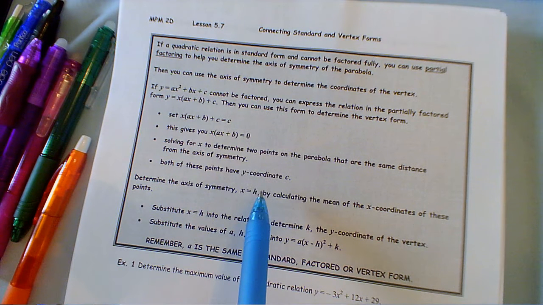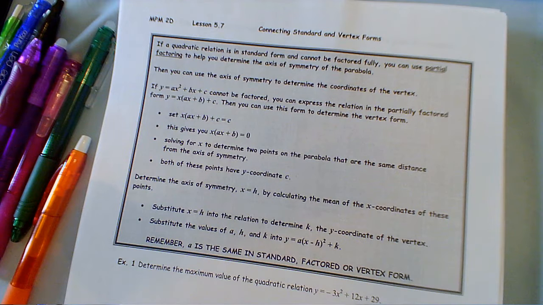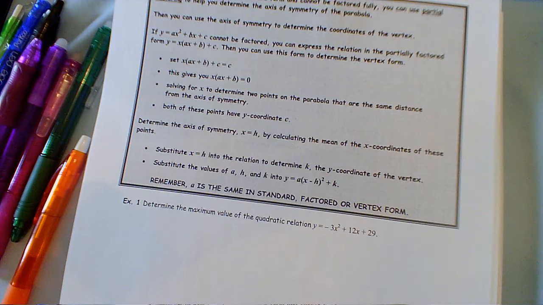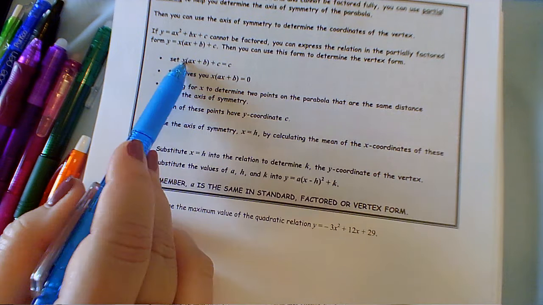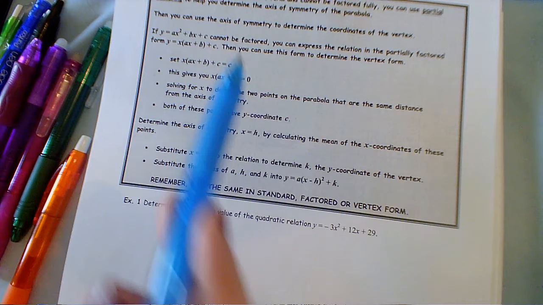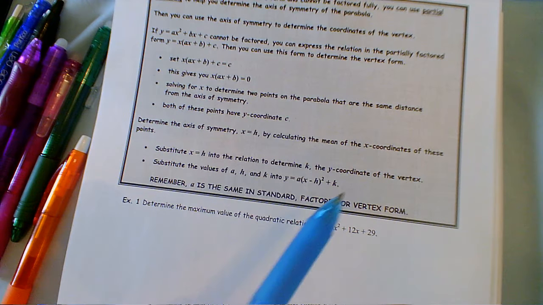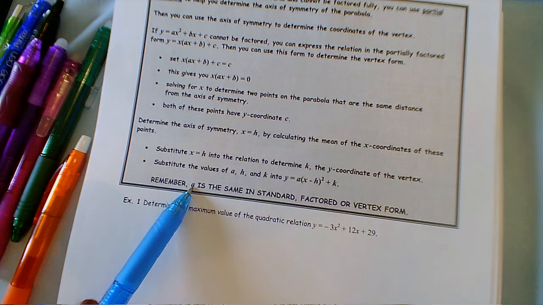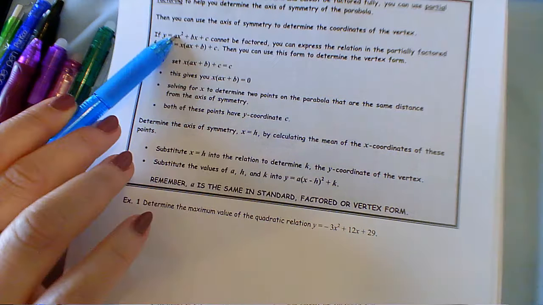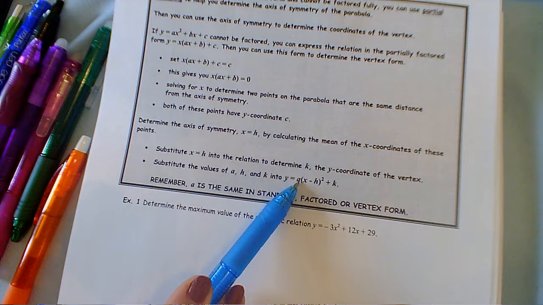Once we get the axis of symmetry, it's just like before. You sub your h back into the equation, it doesn't matter where you stick it, and you get your k. That's how you finish off vertex form, remembering that the a is the same in standard as it is in vertex, so you just steal the a value and stick it in the front.